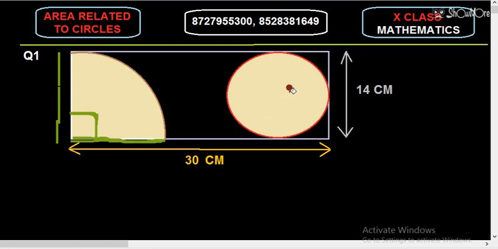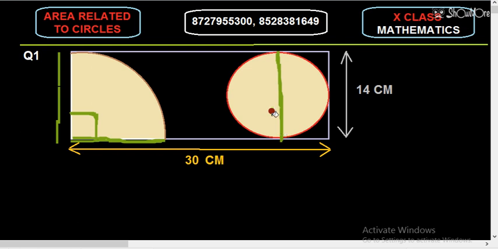And then you can observe here, it is a complete circle, that means this will be the diameter. Children, you will know that diameter is the distance between one end to any other end. If we draw a straight line, then the distance between any 2 points on the circle is the diameter.